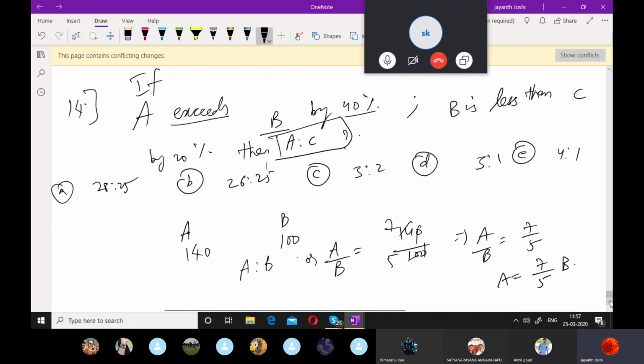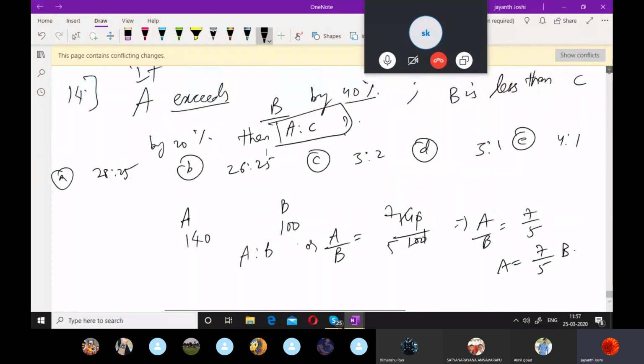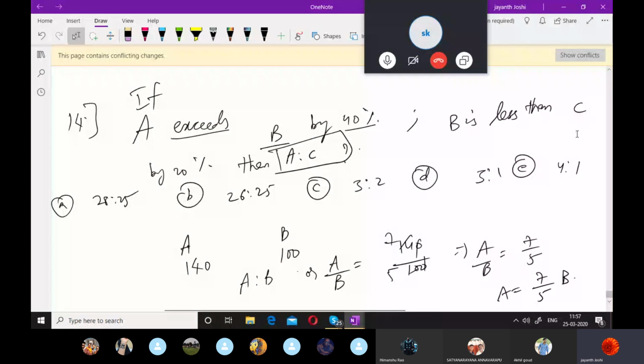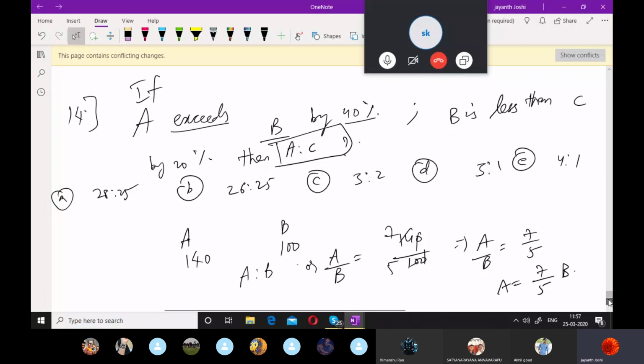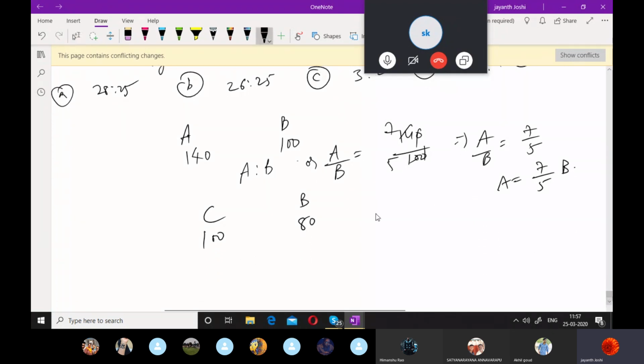Now I want C value. For that, the condition given is B is less than C by 20%. So if I take C as 100, B would be 80.